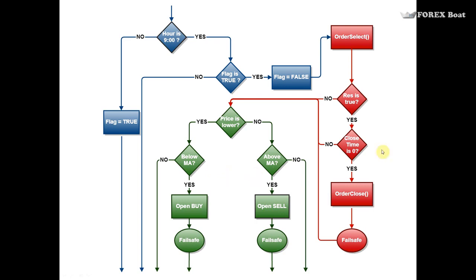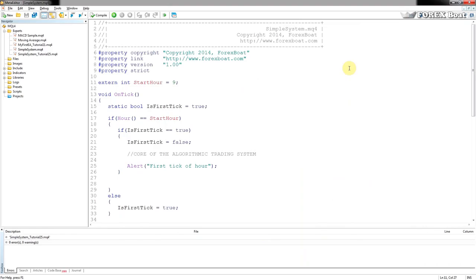So let's get straight to it. Here in front of me I have the simple system code which we started in the previous tutorial. I saved a copy as simple system tutorial 25 just for our future reference, if we ever need to go back to it and see how it looked at that stage. But we are going to be building upon this code, so we'll be working in the simple system.mq4 file.